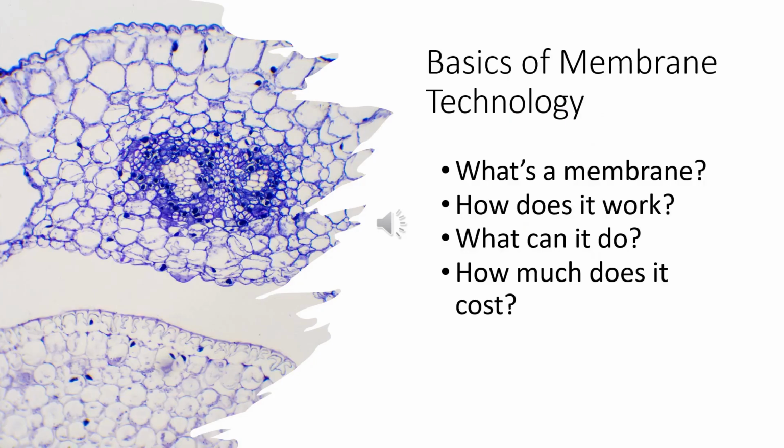In this topic of membrane technology, what basically we need to understand is what is actually a membrane. Like what I have mentioned before, membrane technology is a separation process from particles to molecules, and a wide variety of membranes are available to design a process. How does a membrane work? What can it do?